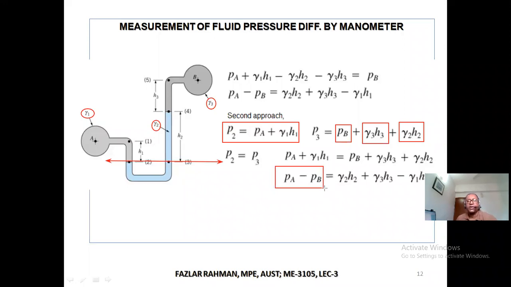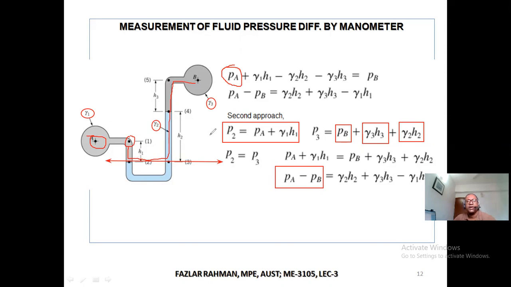Other thing, you can walk down from point A, then go to the point B. So you walk down from here, same thing, you coming over here, then go to the point B. So pressure right over here, how much? Equal to PA. I'm walking down by height H1.